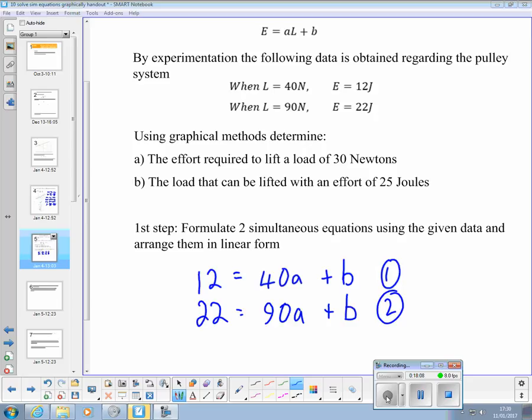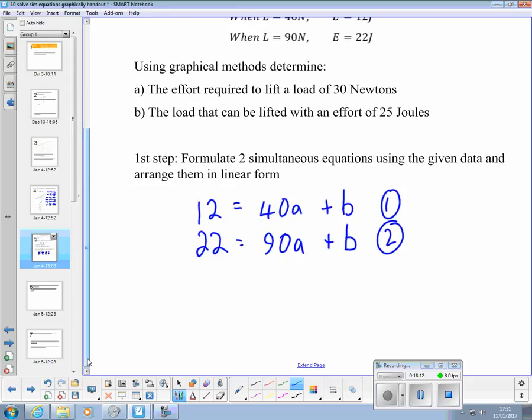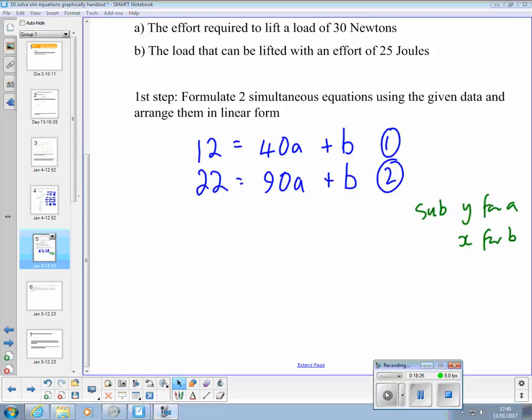The next step is to rearrange both of those so that they are in A is equal to, an mx plus c linear form. So again, right guys, what have we got for these two equations rearranged? So our A is equal to something.